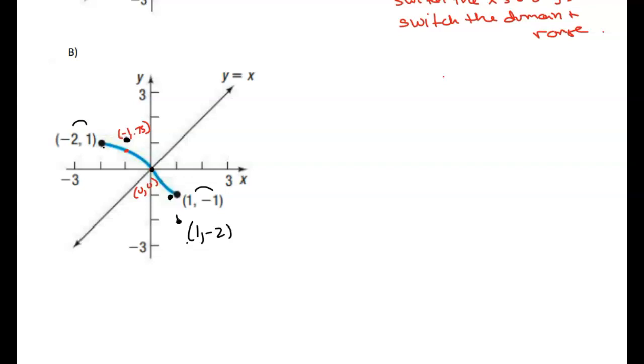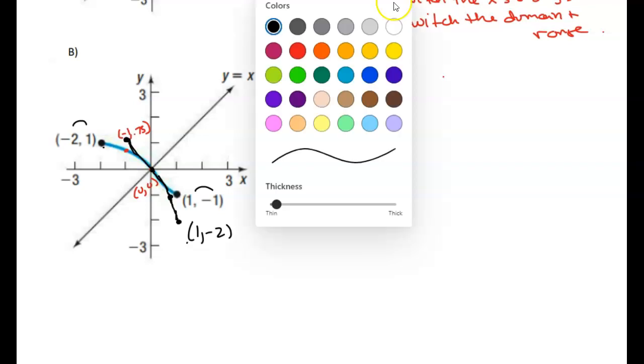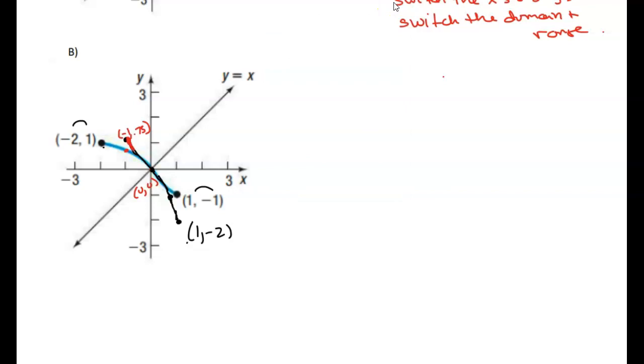All right, so I can see that I need to go like this. And then I'm going to need to go like this. Twist it around. All right, so let's see if I can draw it in red. So this. And then like this.